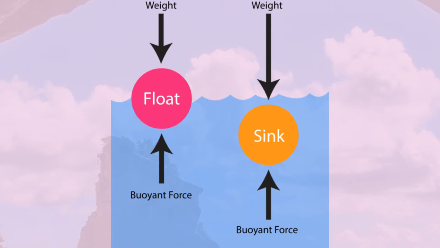So the buoyant force coming up from the water is helping it float because it's greater than the weight. But on the right, if the buoyant force is less than the weight, the object will sink. So the buoyant force, this arrow on the right side on the bottom, is less than the weight of the object. It's not strong enough to keep this object floating, so it's going to sink.